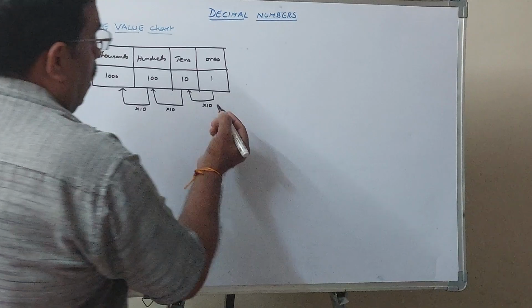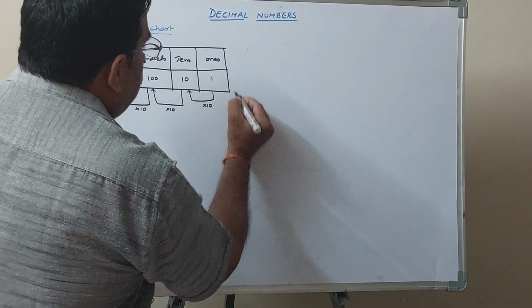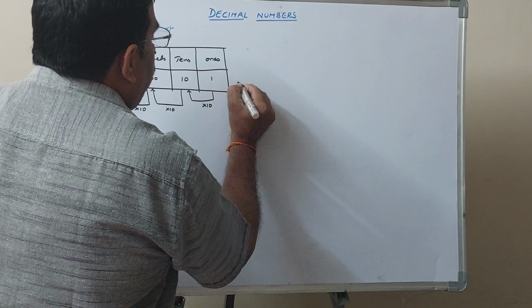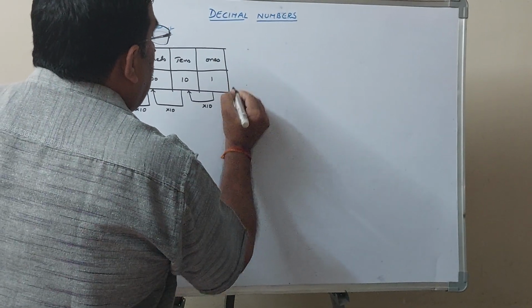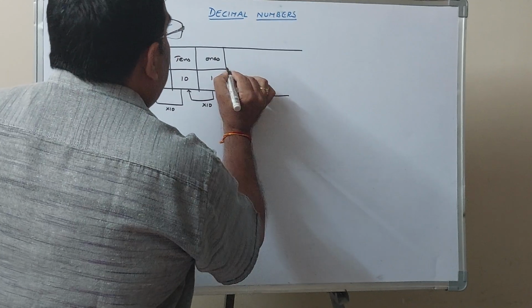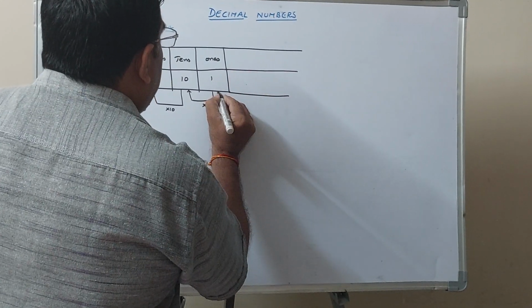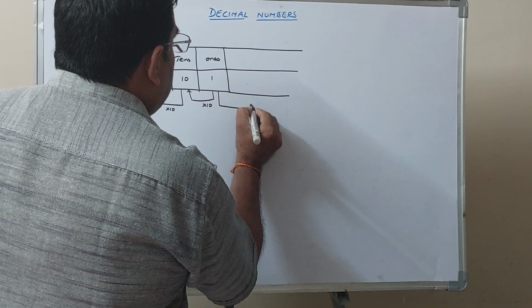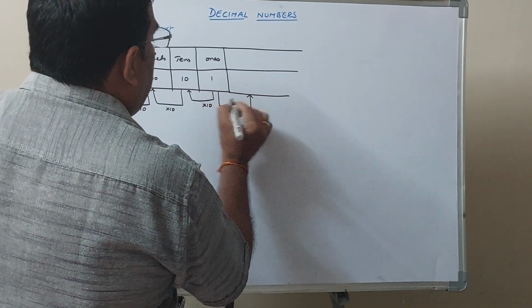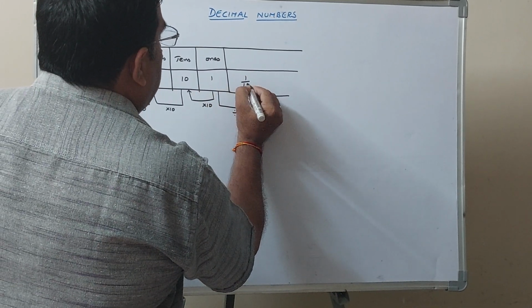Here, if you divide 1 by 10, what do you get? 1 divided by 10 is 1 by 10.